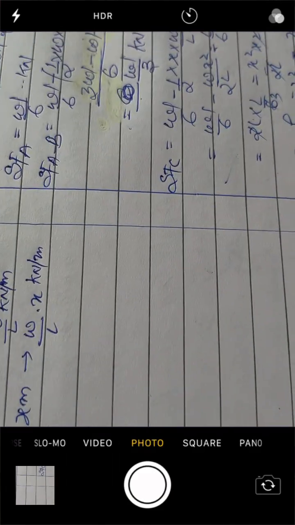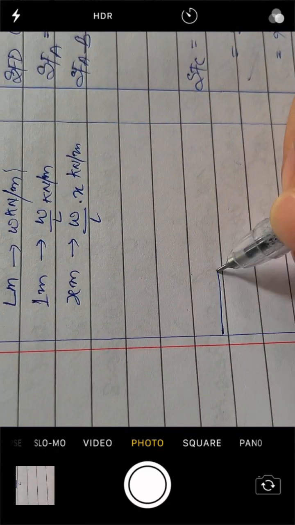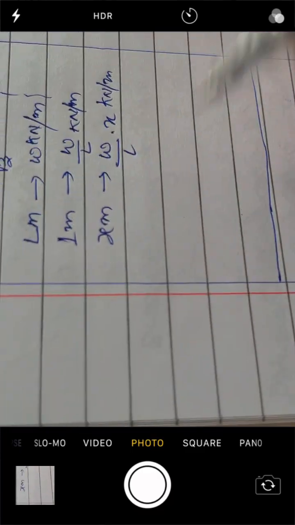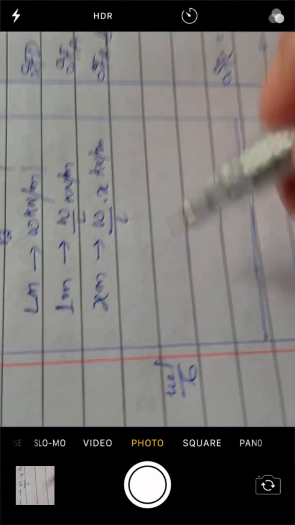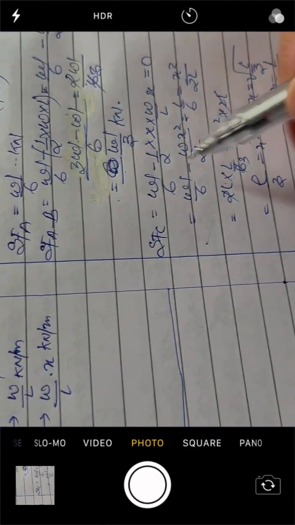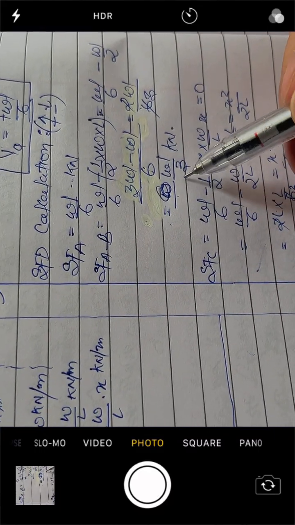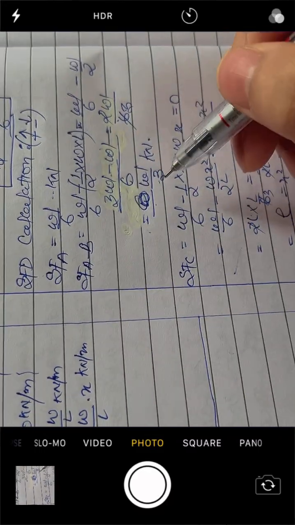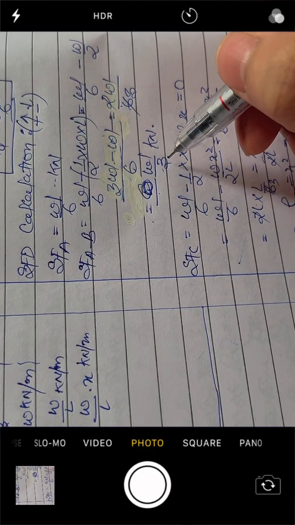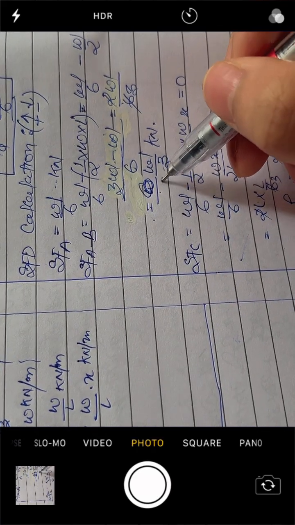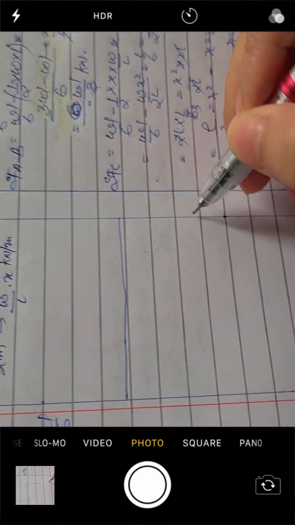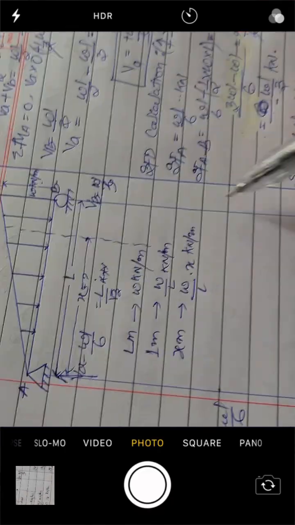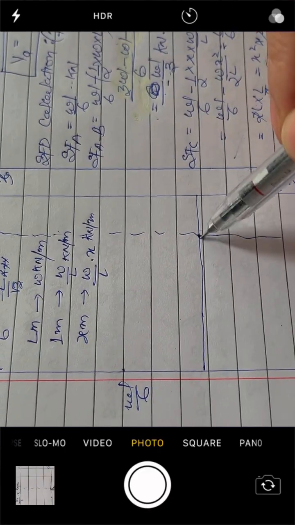Now it's done. I will draw the shear force diagram. Okay, first, shear force at A is WL by 6. WL by 6. And shear force at B is W by 3 kilonewton per meter, but it's negative, so it will go downward, WL by 3.